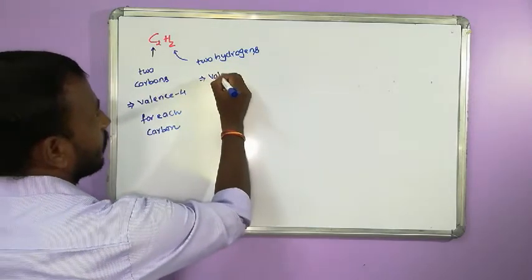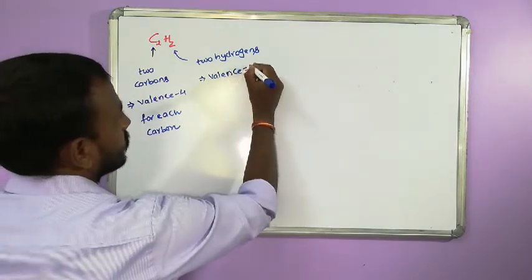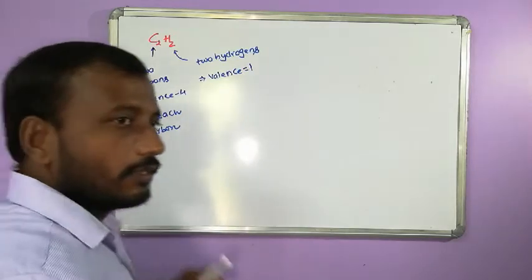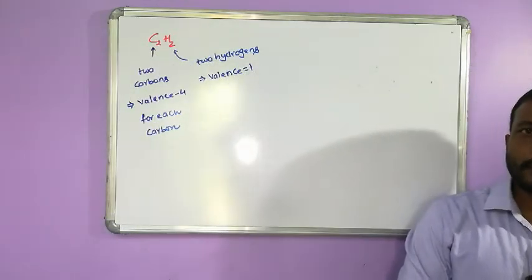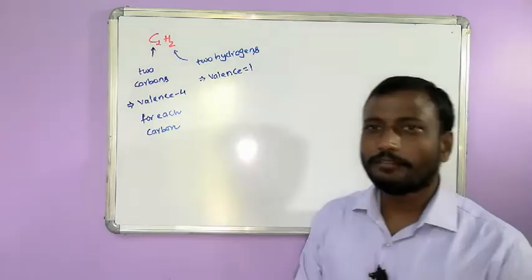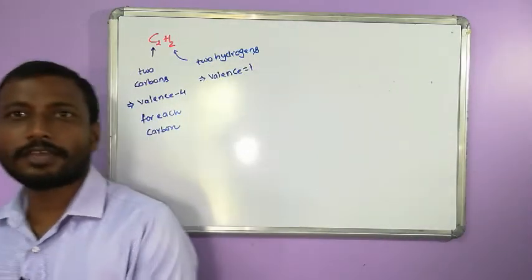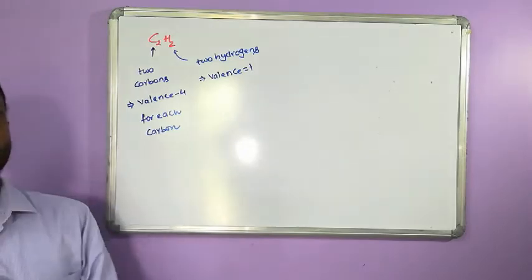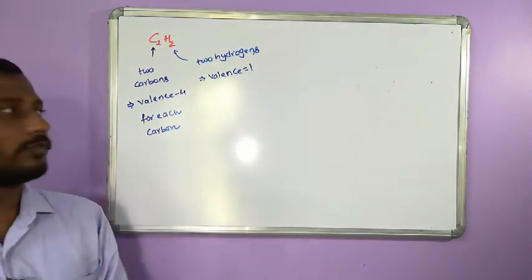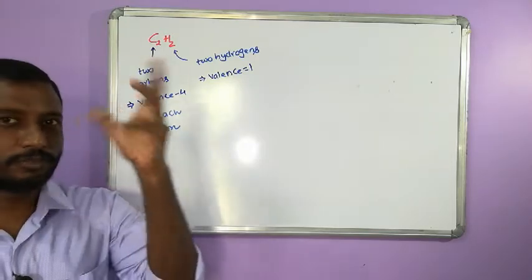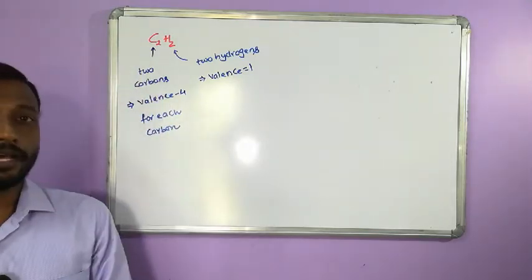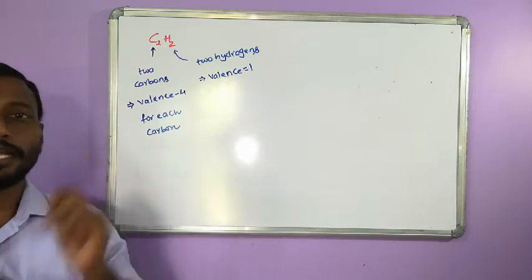Valence is equal to how much? 1. In the previous structure, that is methane, each carbon is having how many? 4 hydrogens. But if we think per each carbon there should be 4 hydrogens, then with 2 carbons there should be 8 hydrogens.